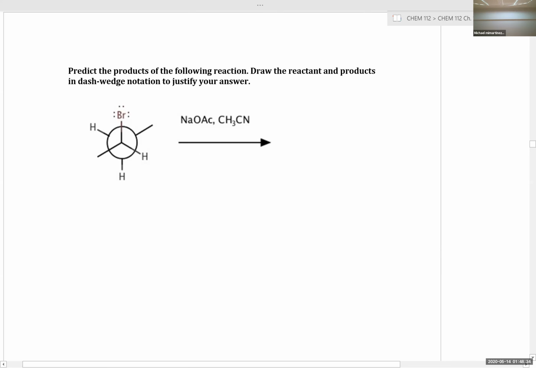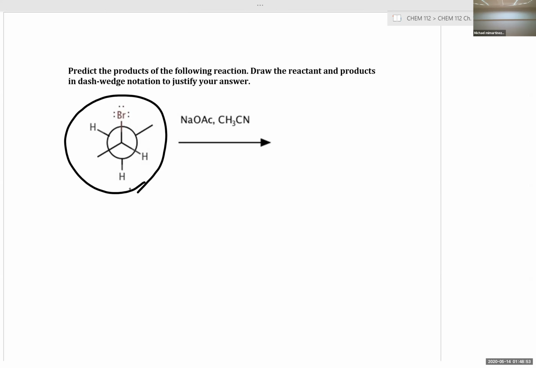This is another example where you have to be very careful when drawing your product and showing the proper stereochemistry of your product. Given the following reactant, I'd like you to draw the products of this reaction in both Newman projection style and dash wedge style.